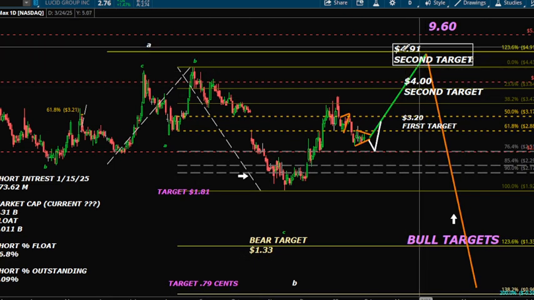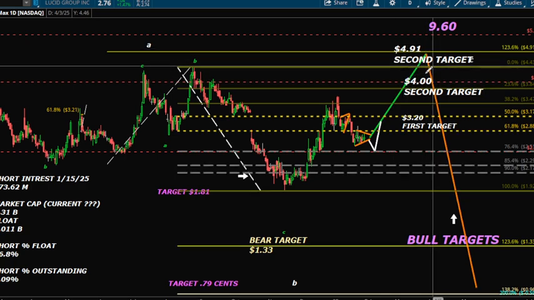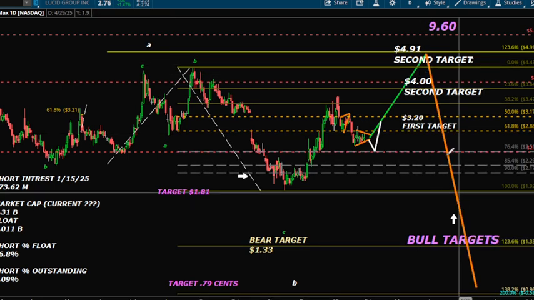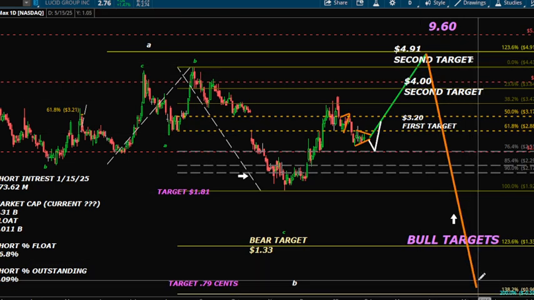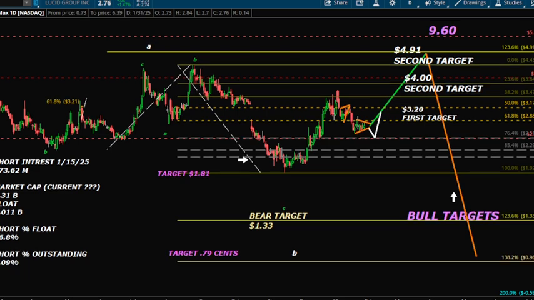But again, I can't emphasize enough, we need to stay above $4 for a couple of days, and it can't just fall right down. If it breaks down, I'm afraid we might be going to $1.30 or under $1.